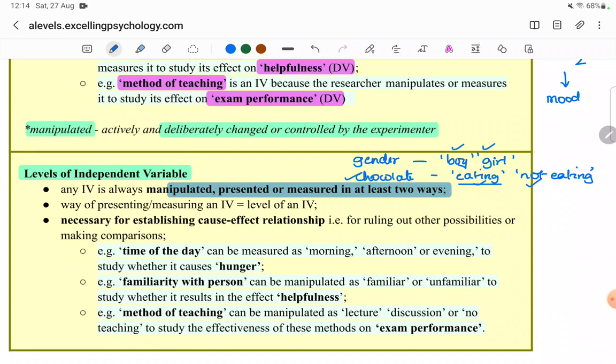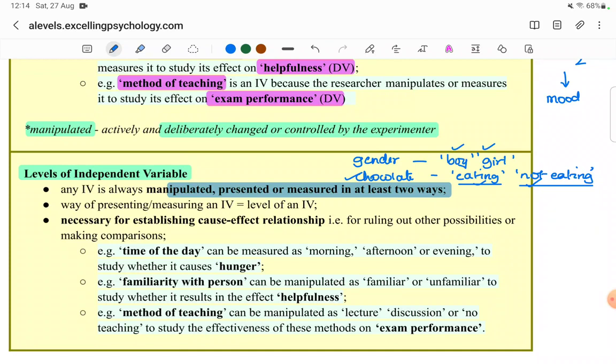You need some comparison to see what their mood normally is. Otherwise, how do you decide whether their mood has become better by eating chocolate? What baseline or what basis for comparison do you have? Nothing. So you have to include another group that's not eating chocolate so that you can see what their mood is. And then by comparison, you'll be able to say, okay, people who've eaten chocolate are having better mood.